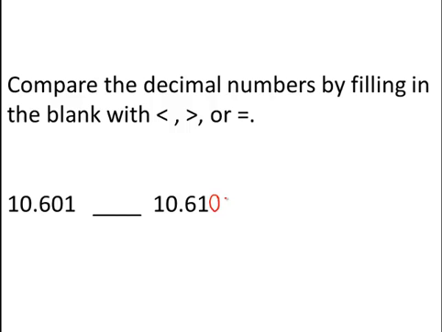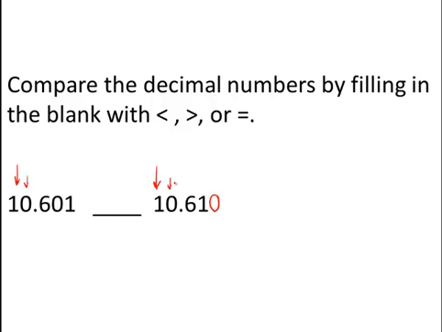To compare, I start all the way from the left, comparing each place until I find where the numbers differ. So I'll start with the tens. Both numbers have a 1. I move to the ones. Both numbers have a 0.